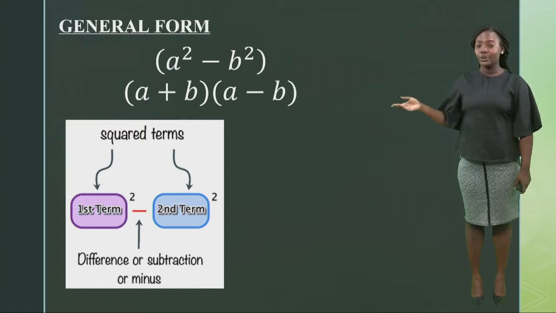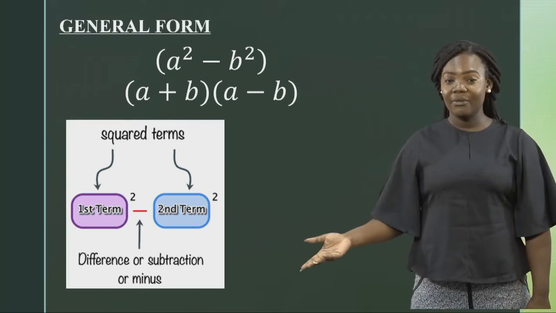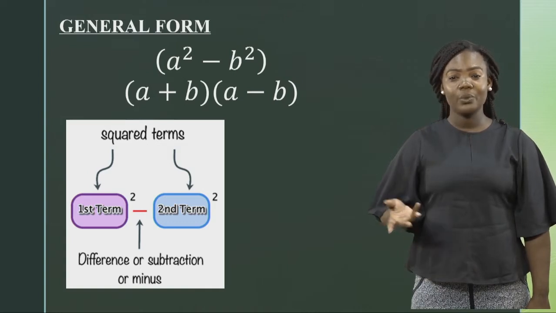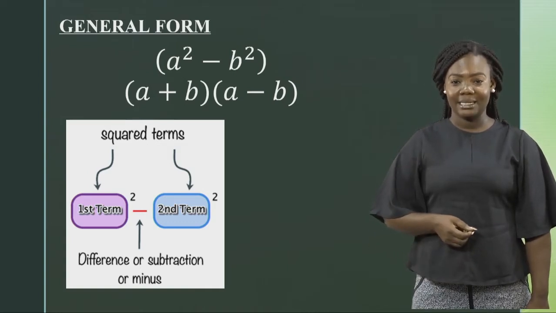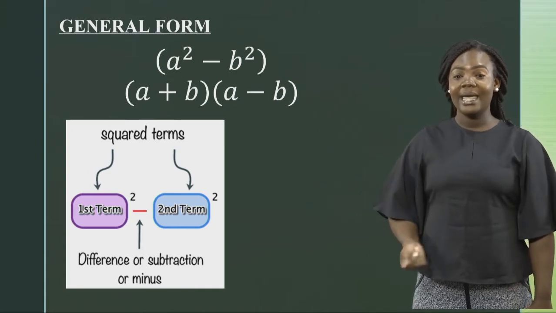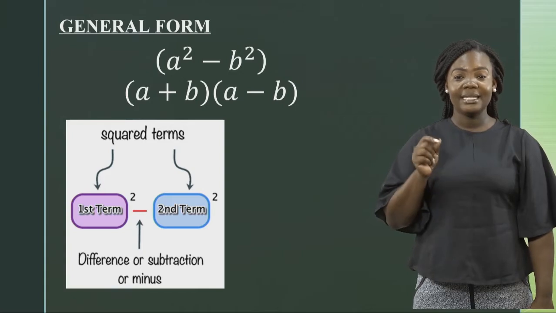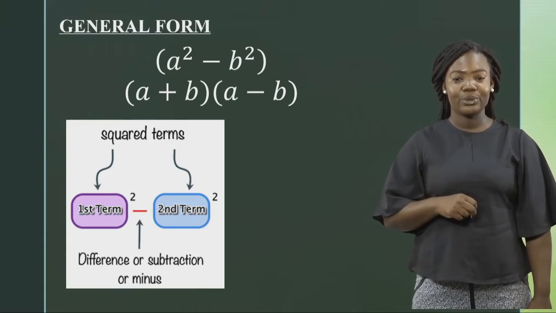So we have squared terms, and it is the first term being squared subtracted from the second term. And there you have the difference or subtraction, or as we might even call it, the minus sign. So what you're seeing here, or even at the top here, is the general form or the general representation of the difference of 2 squared.